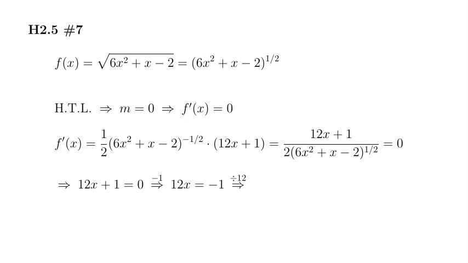Then you're going to get, not 1, x is equal to negative 1 over 12, right? So once you have an x value, let's say x is equal to negative 1 over 12.